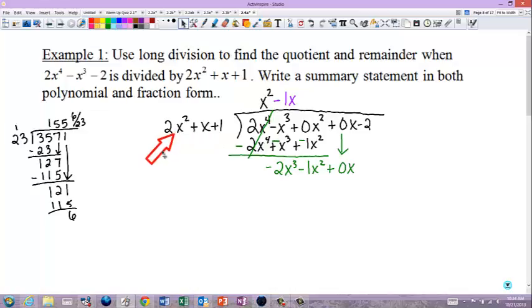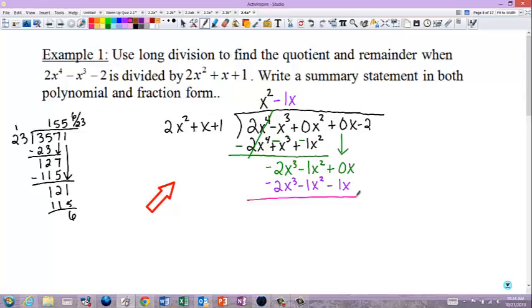Negative 1x times 2x squared gives me a negative 2x cubed. Negative 1x times x gives me a negative 1x squared. And negative 1x times 1 gives me a negative 1x.